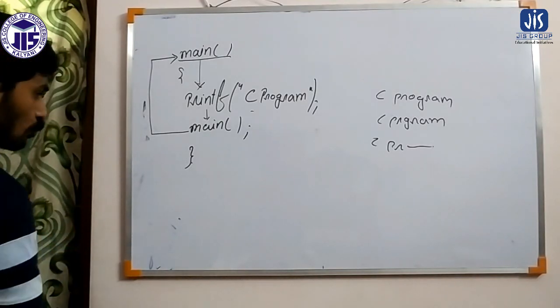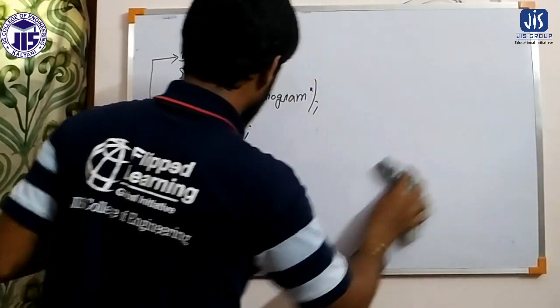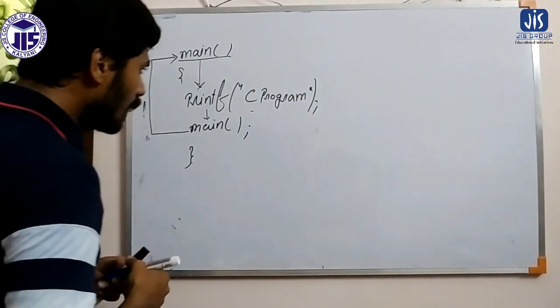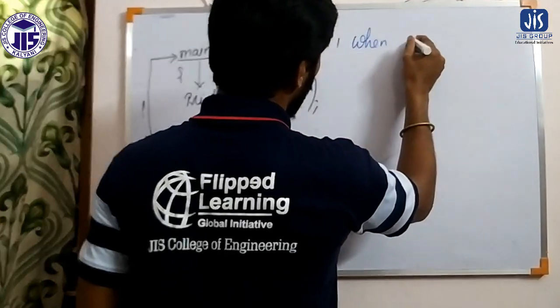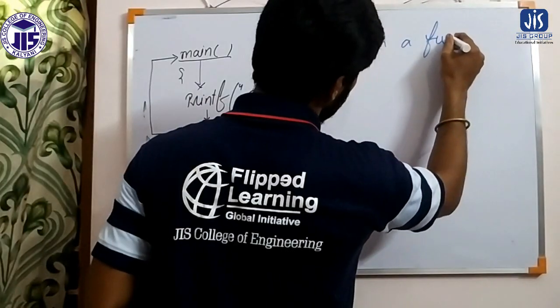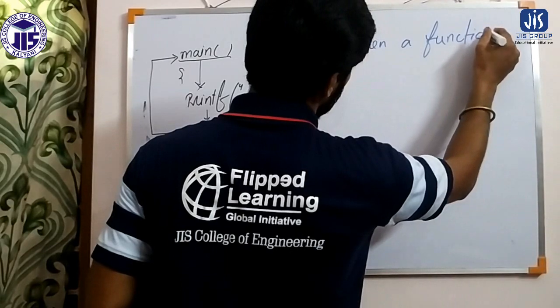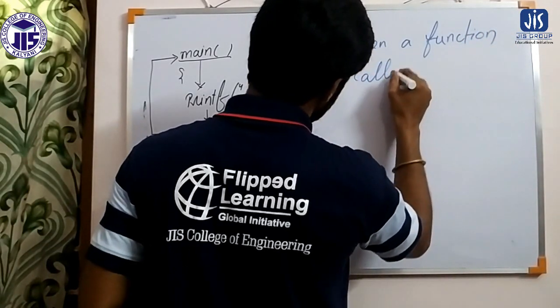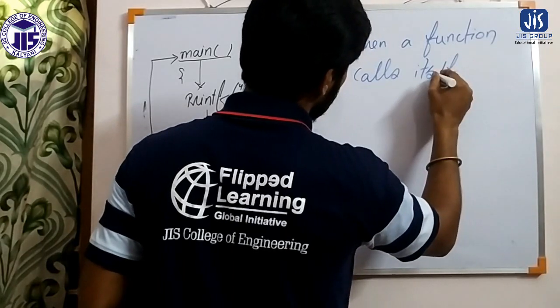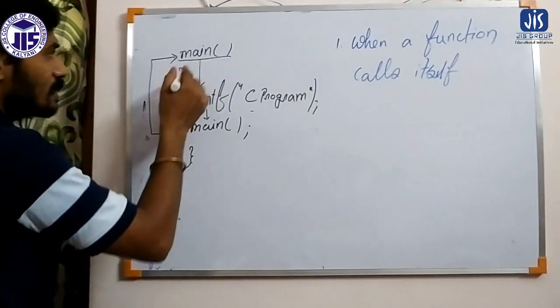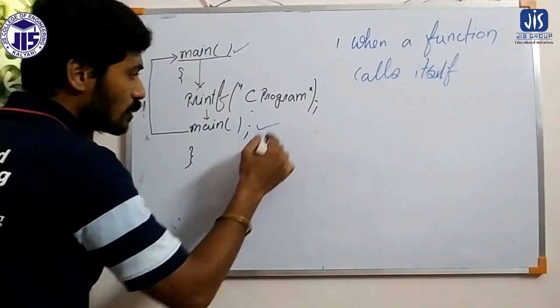So basically there are two ways we can define recursion. Number one is when a function calls itself. Here you can see the main function calls the main function.